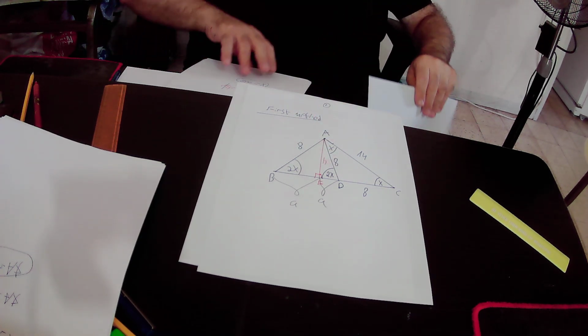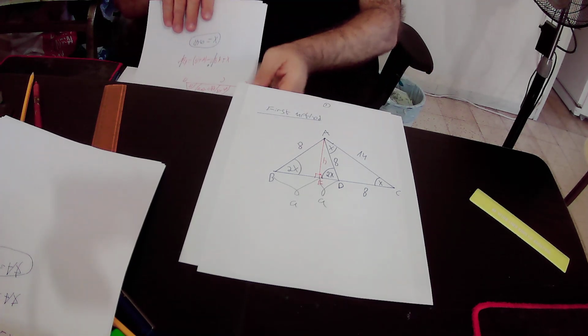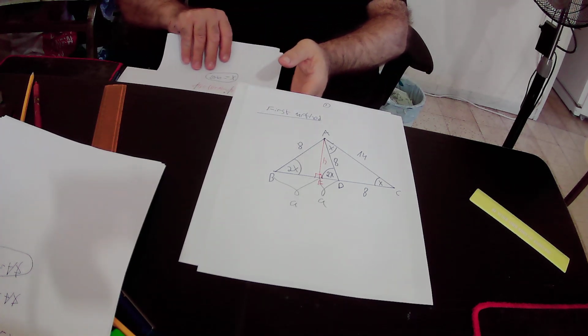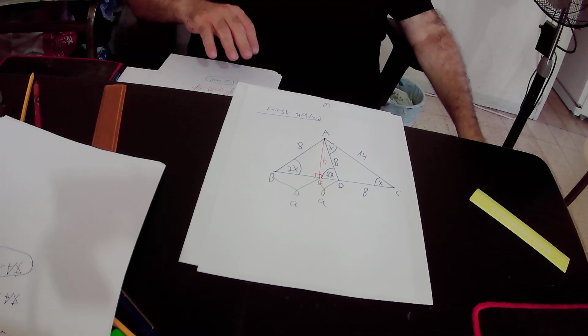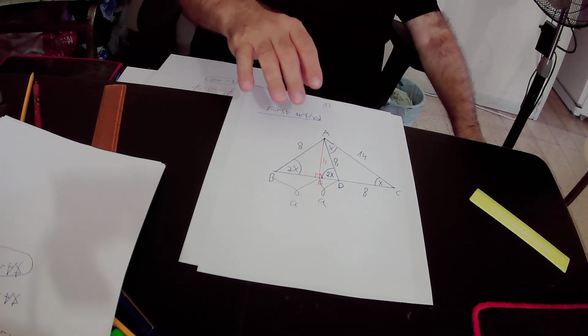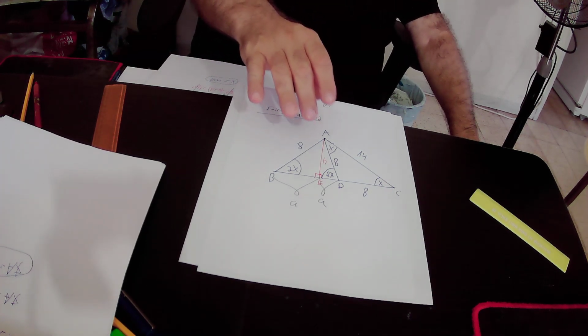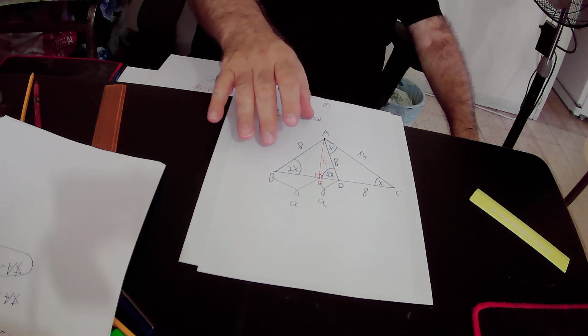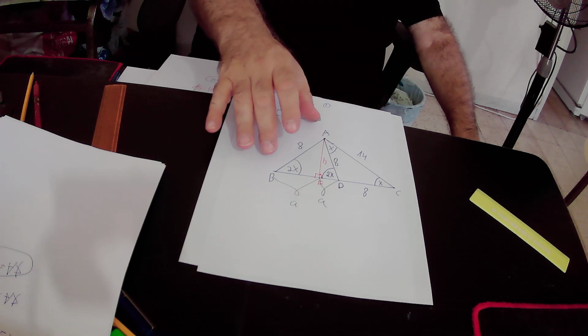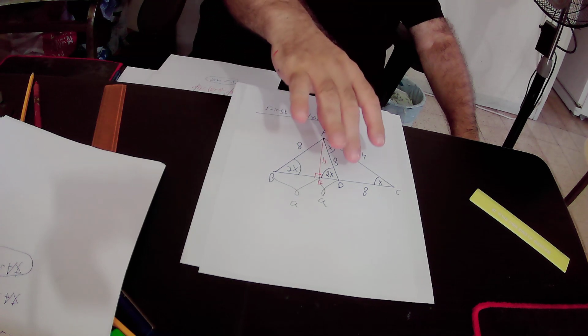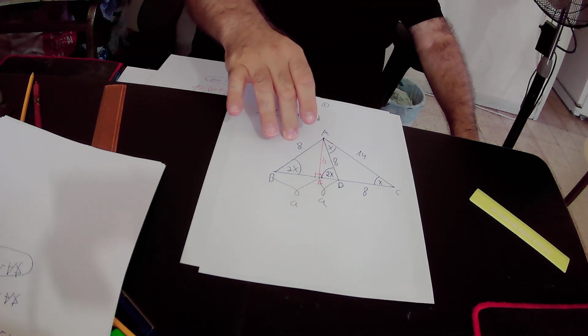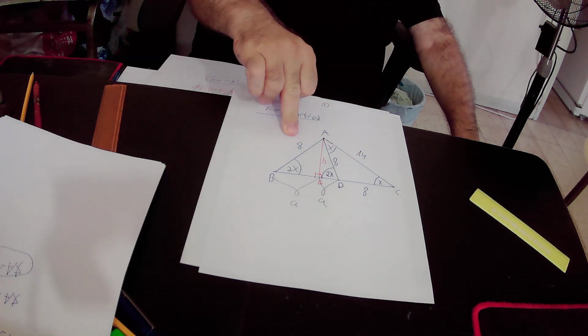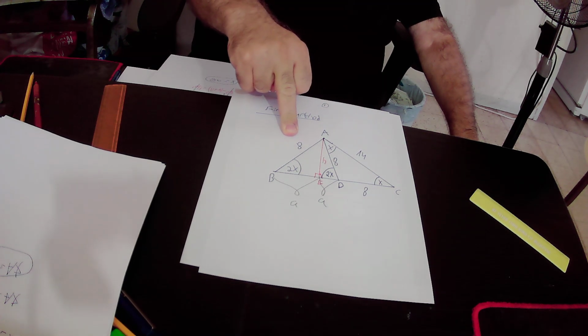So because triangle ABD has two equal angles, triangle ABD is an isosceles triangle. That is to say, AB equals AD equals 8 units, because we know that AB equals 8 units as it is given in the question.